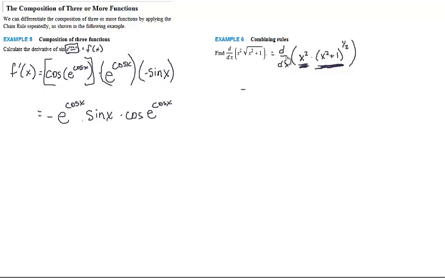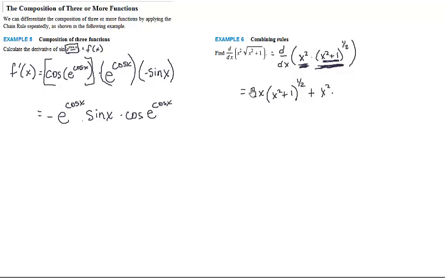So what I'm going to do with the product rule, take the derivative of the first, leave the second one alone, add to that the first one times the derivative of the second one, and that has the chain rule in it, where this is the inside function and something to the 1/2 is my outside function.